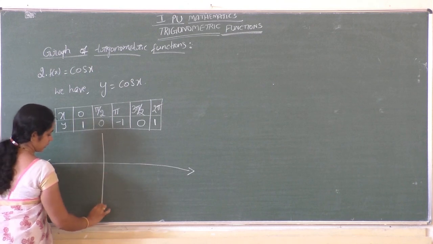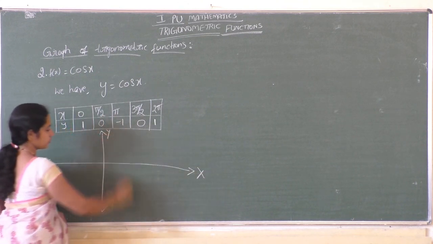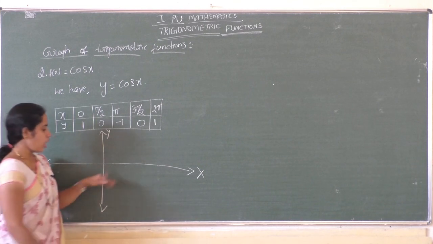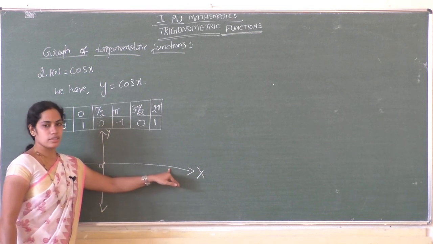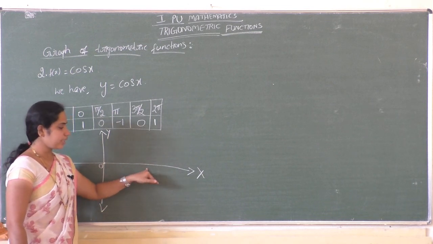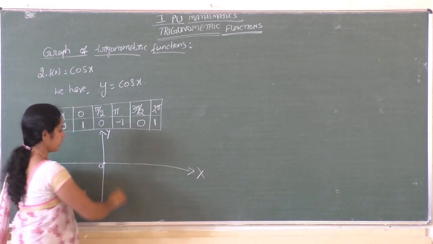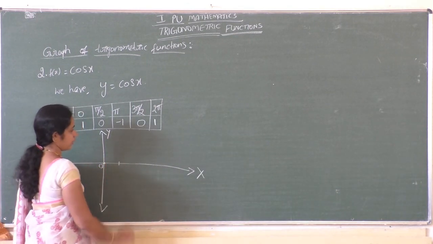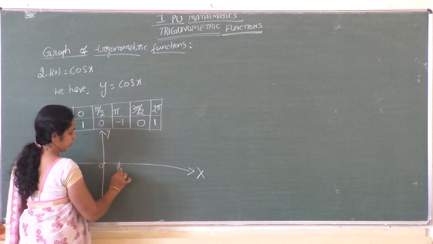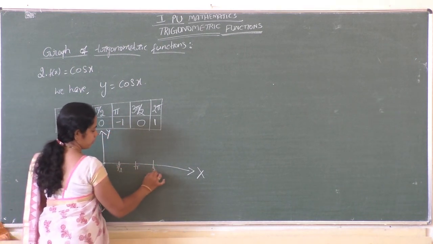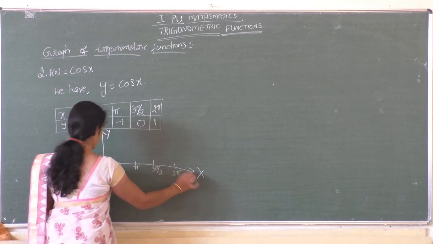Let us draw the graph. X-axis, y-axis. On the x-axis we can take real numbers, and radian values are one and the same, so we can take radian values. The x values are 0, pi by 2, pi, 3 pi by 2, 2 pi.